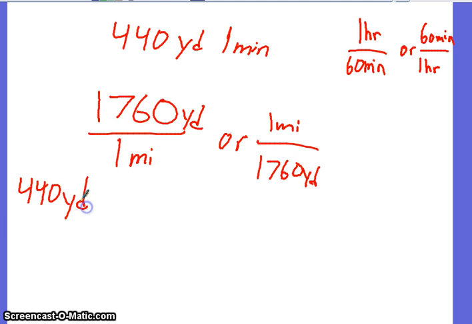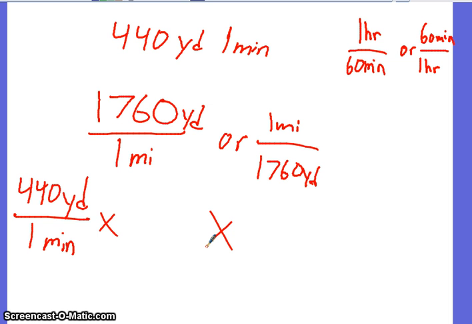440 yards in 1 minute, times. We have to do this twice, because there are 2 things. I want to change this to miles per hour.